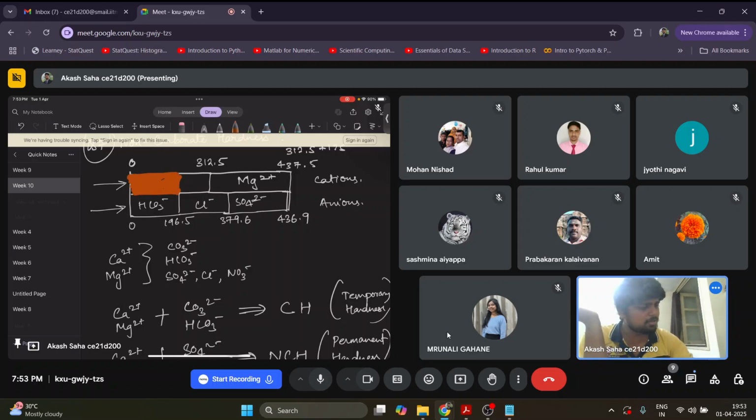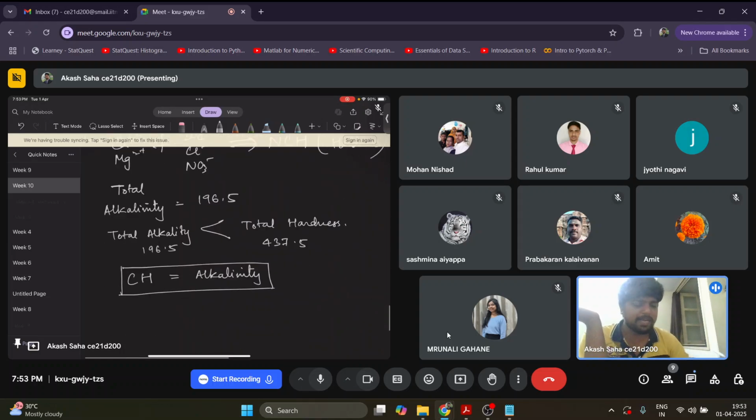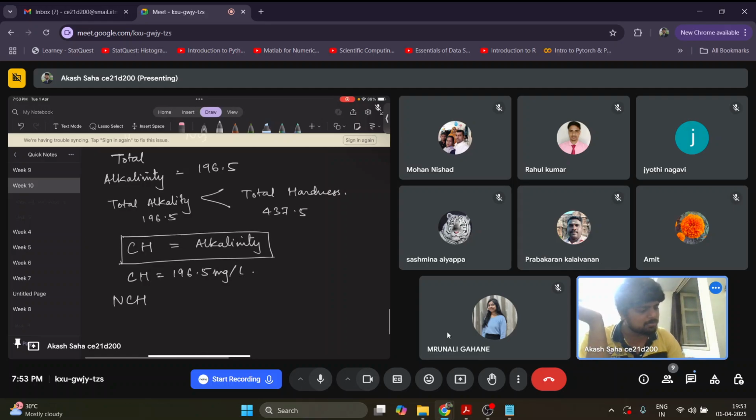So we can very well say that whenever my alkalinity is less than the total hardness, the carbonate hardness will be equal to the alkalinity. Okay, so that means carbonate hardness is equal to 196.5 milligram per liter. So what will be my non-carbonate hardness?